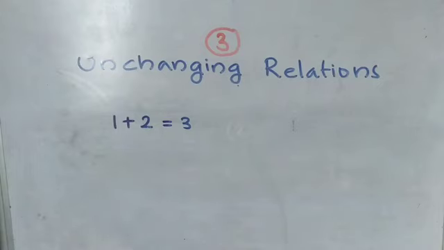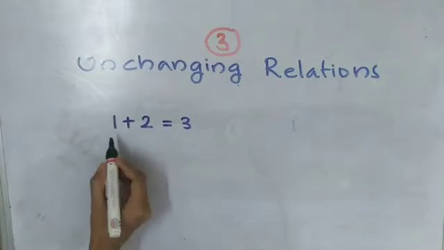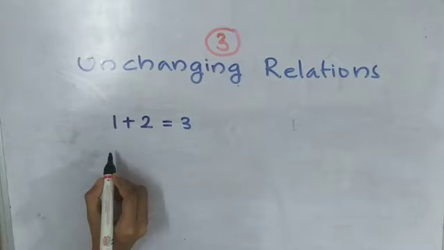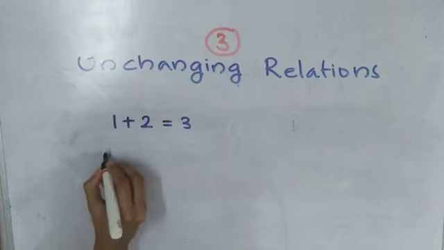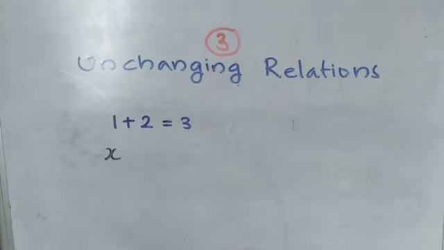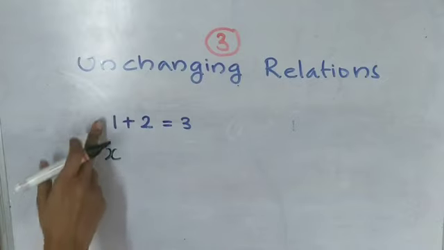Okay, so you can see here 1 plus 2 equal to 3. For this one I am taking a letter x as a number. Suppose this x is a number like 1, and what is the next number we have? That is the consecutive number of 1.